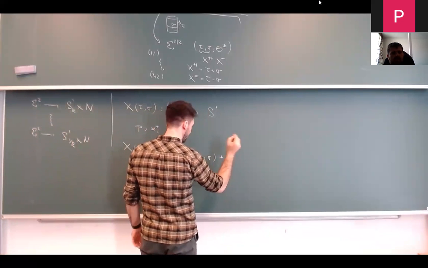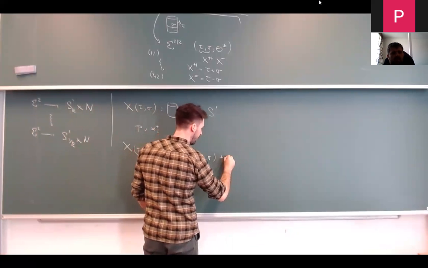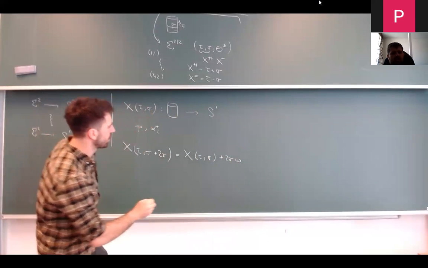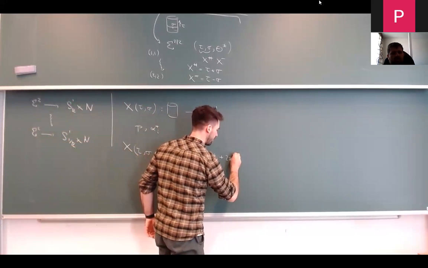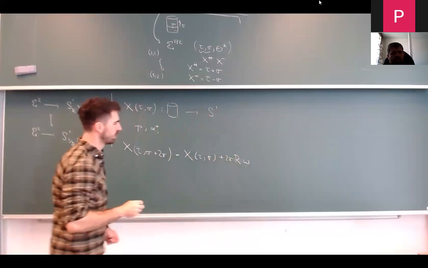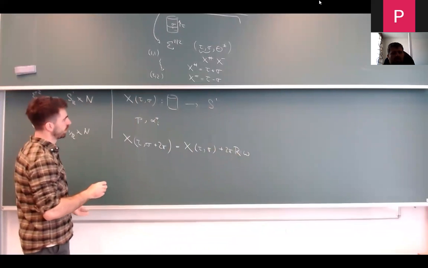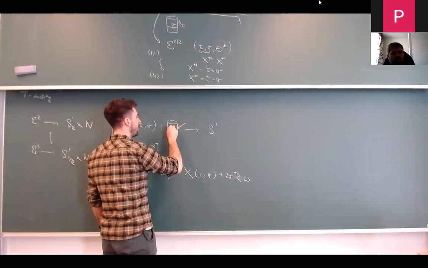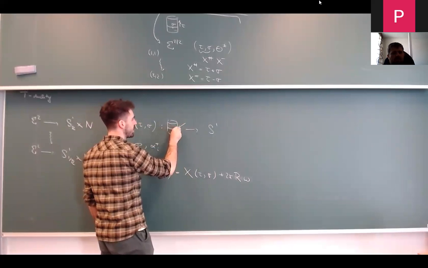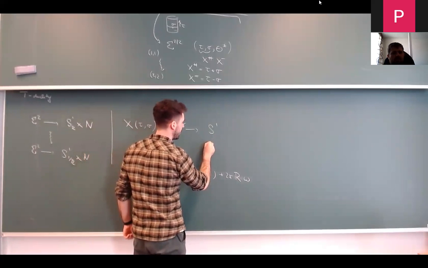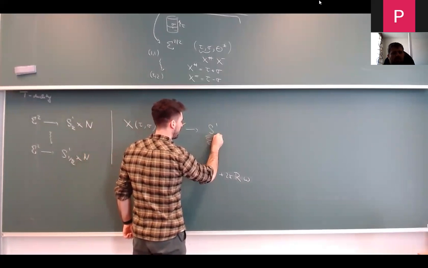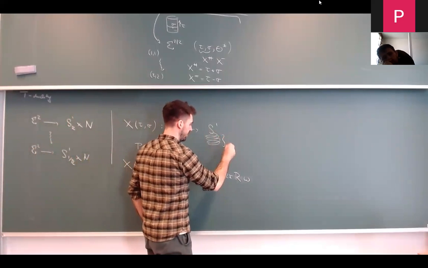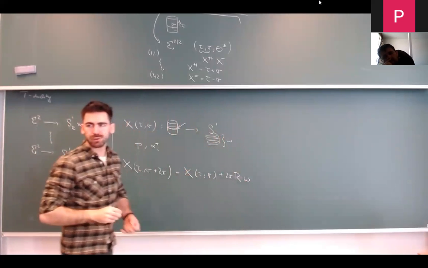Some addition of revolutions around the circle. So this is a new quantum number. It tells you how many times the string revolves around the circle. Going around the sigma circle here amounts to maybe going several times around the circle in the target, and this omega counts the number of revolutions.